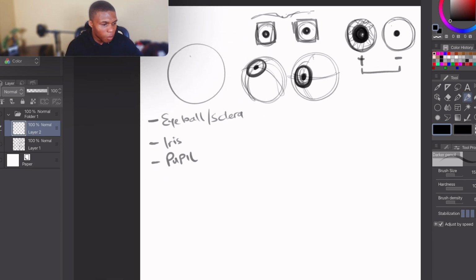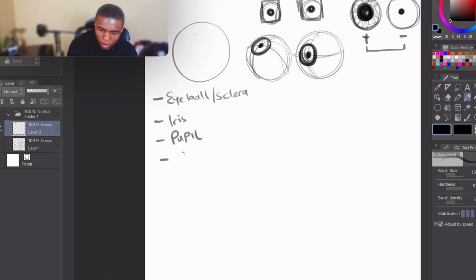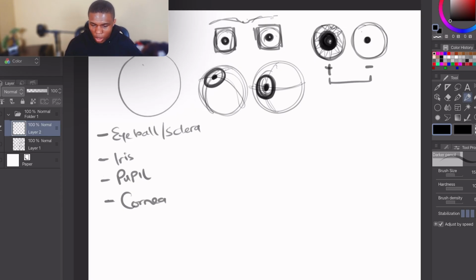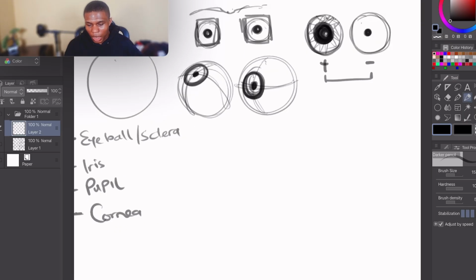The next part is our cornea. Our cornea is this transparent contact-like lens on our eye. It's transparent, so people don't really see it. You see it, but you don't. It's kind of like a force field around the eye that protects our iris, and it also helps with light.